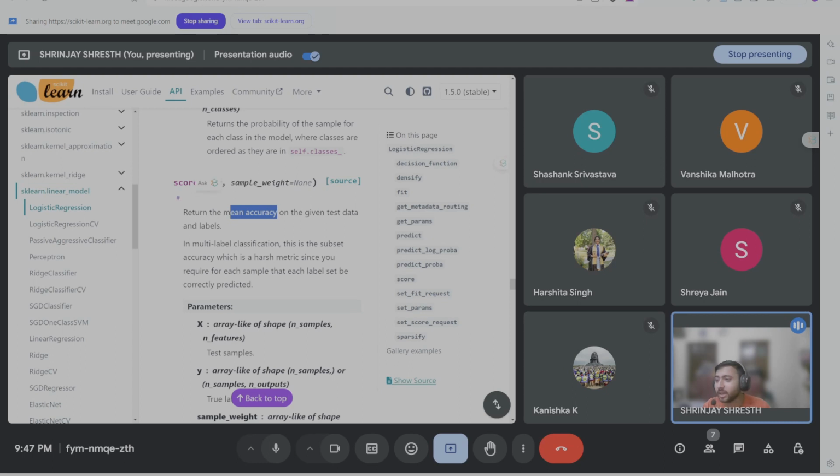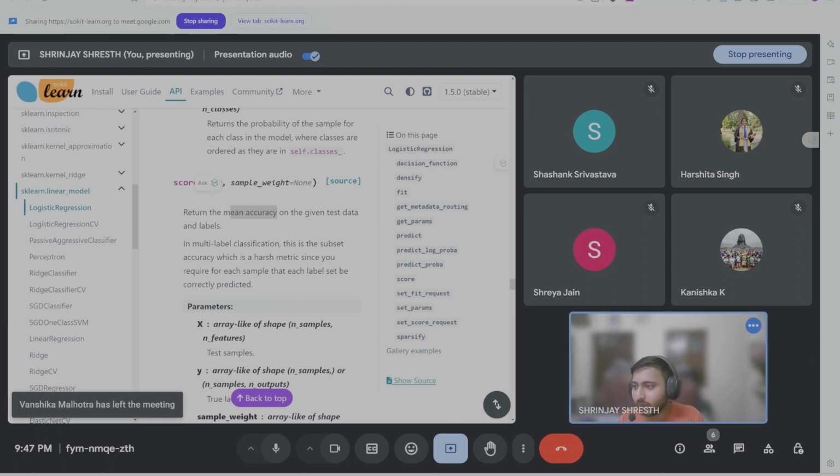Let us see what our mean accuracy is. I'll simply write model.score, and on what values? Just a second, caps lock. Model.score, and let us work it for x_test and y_test.